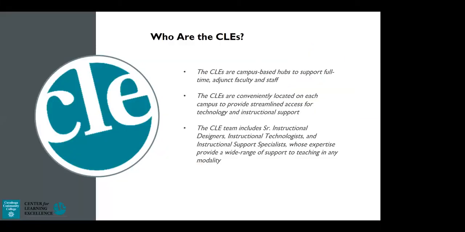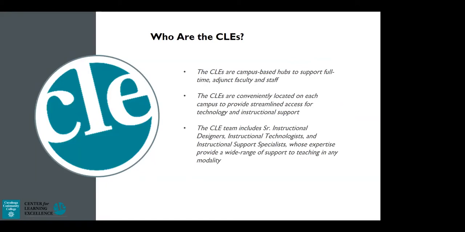We've probably met you or worked with many of you before, but just to give you a little background on who we are. We are the Center for Learning Excellence. We are located on every campus that Tri-C has. We have our Western Campus, Metropolitan Downtown, our West Shore on the west side, and our East Campus on the east side. And our West Campus also serves the Brunswick University Center.